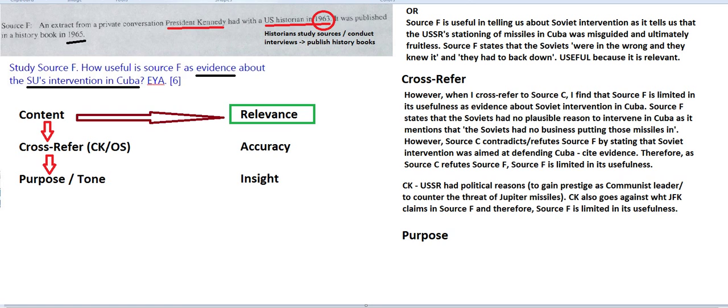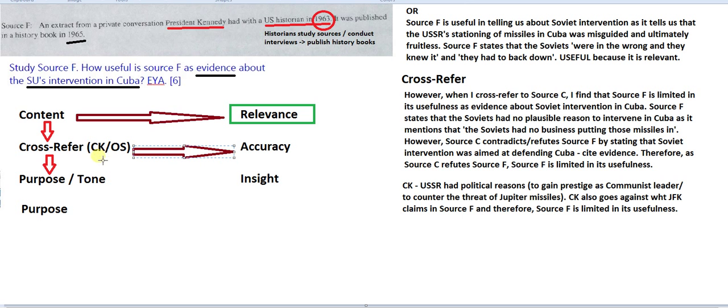And finally, when we look at purpose over here. So what we did by looking at the cross-reference part was that we found out that when we cross-refer to our contextual knowledge and to other sources, it basically tackles the issue of accuracy.